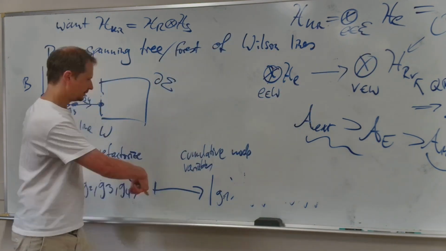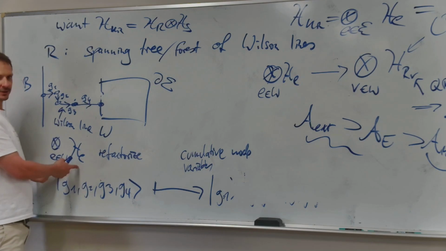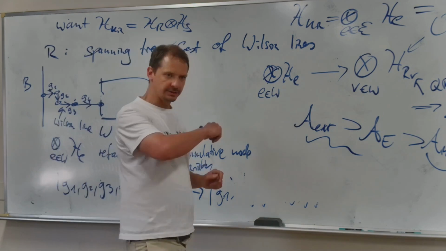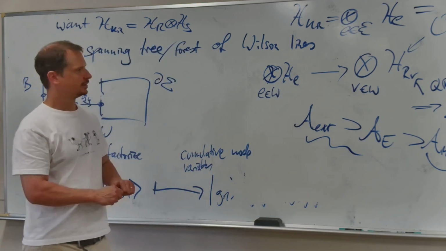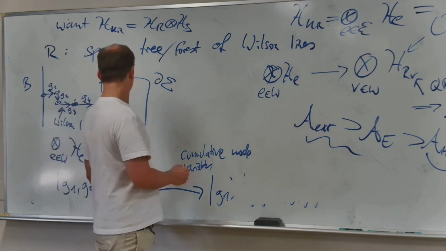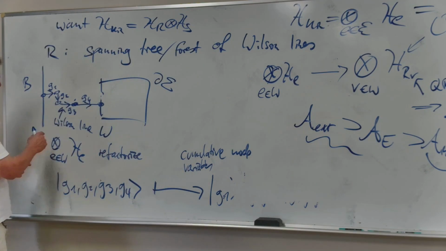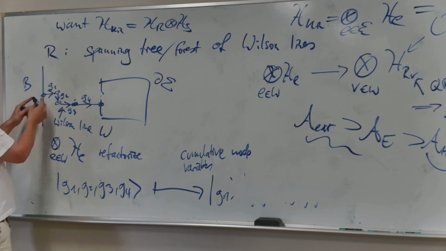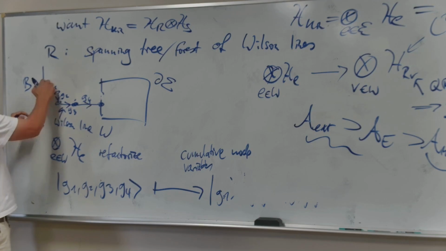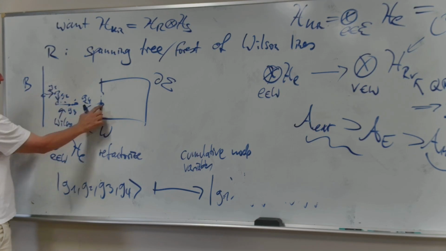What I'm doing, which I wiped out, is going from these edge variable decompositions of Hilbert space along the Wilson lines that define the frames, and refactorizing that into Hilbert spaces that are not this times this times this times this, but this Wilson line times this Wilson line times this Wilson line times this Wilson line.